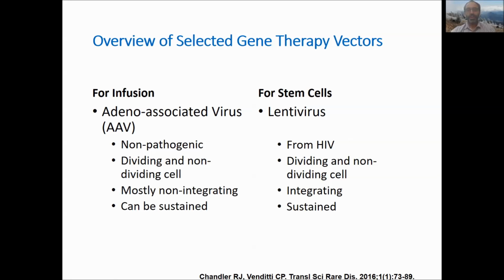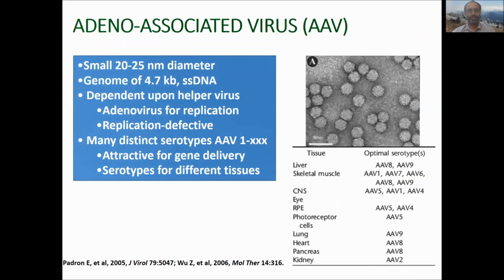This too will transduce dividing and non-dividing cells, but it's also not efficient at transducing cells following just a simple injection in the body. That's why it's used to treat cells outside the body and then deliver the cells. It is integrating, so it's stable within those delivered cells, and transgene expression is typically sustained. So any benefit should be stable.